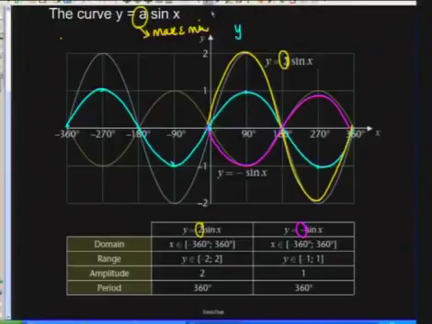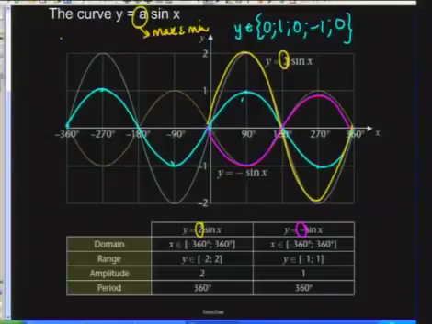They would be 0, I go to 1, I go back to 0, I go to -1, and I go back to 0. So my quadrant angles, 90, 180, 270, 360, have got these critical maximum, minimum, and 0 values.